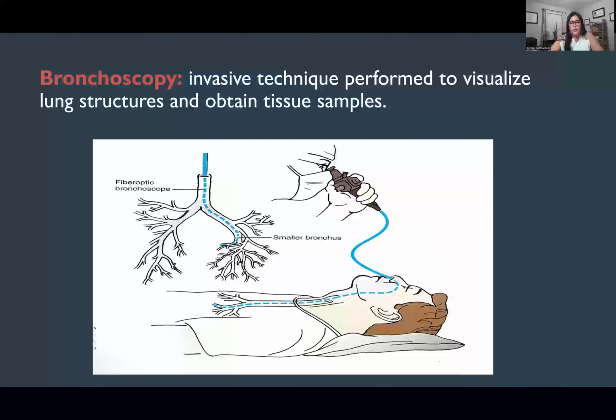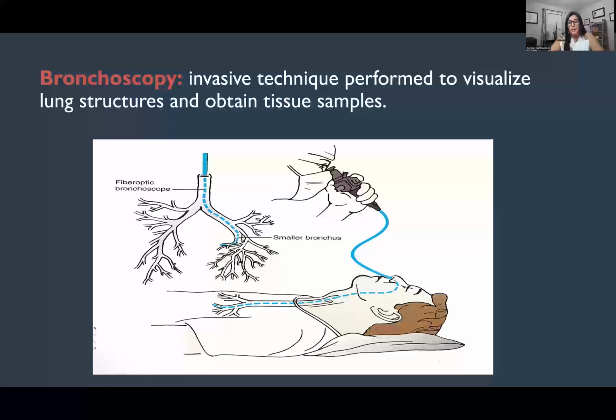So bronchoscopy is, as I mentioned earlier, they go all the way to your bronchi and part of the smaller areas of your lungs. And they can visualize all this tissue, all the structures. They can take a biopsy if they need to. For someone going to have a bronchoscopy, because it is invasive, they have to have a written consent.